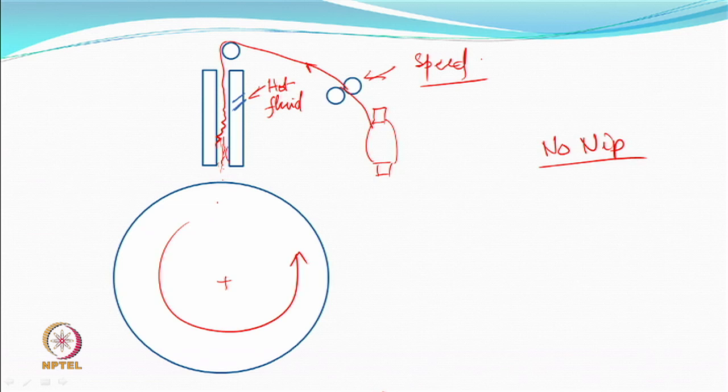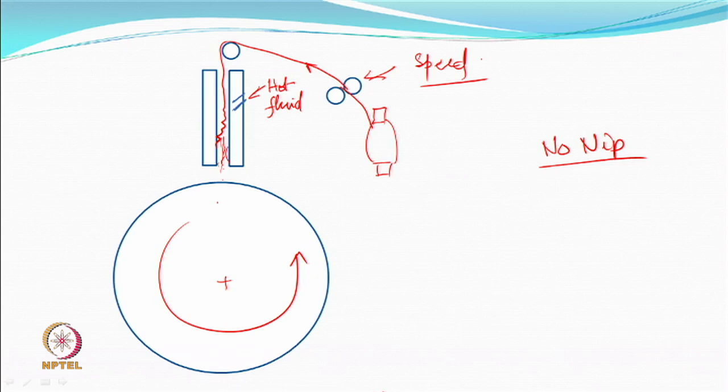Only thing is, during this whole process, it should get separated, heated enough, and then strike this drum. The drum is rotating at a speed which obviously takes care of the overfeed, and this yarn in some way gets collected all over the surface.